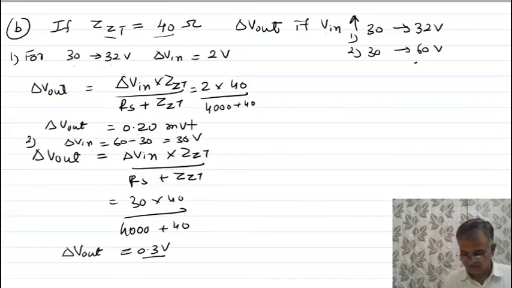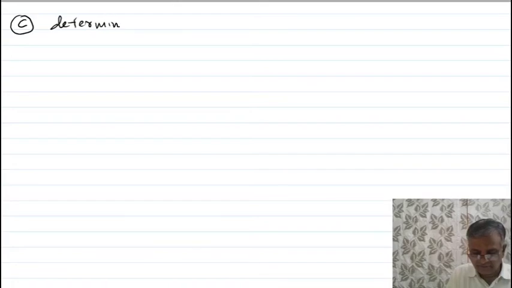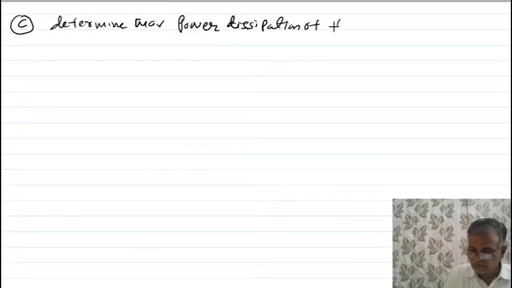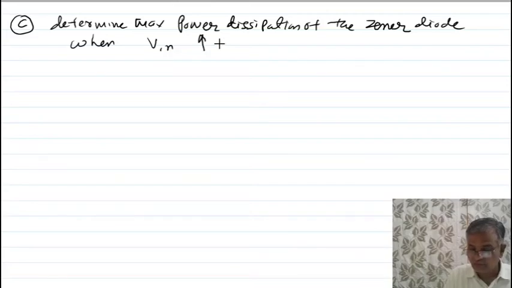Now C, this is the second question. B we have seen. Now let us see C. C is: determine the maximum power dissipation of the zener when V in increases from 30 volt to 60 volt.